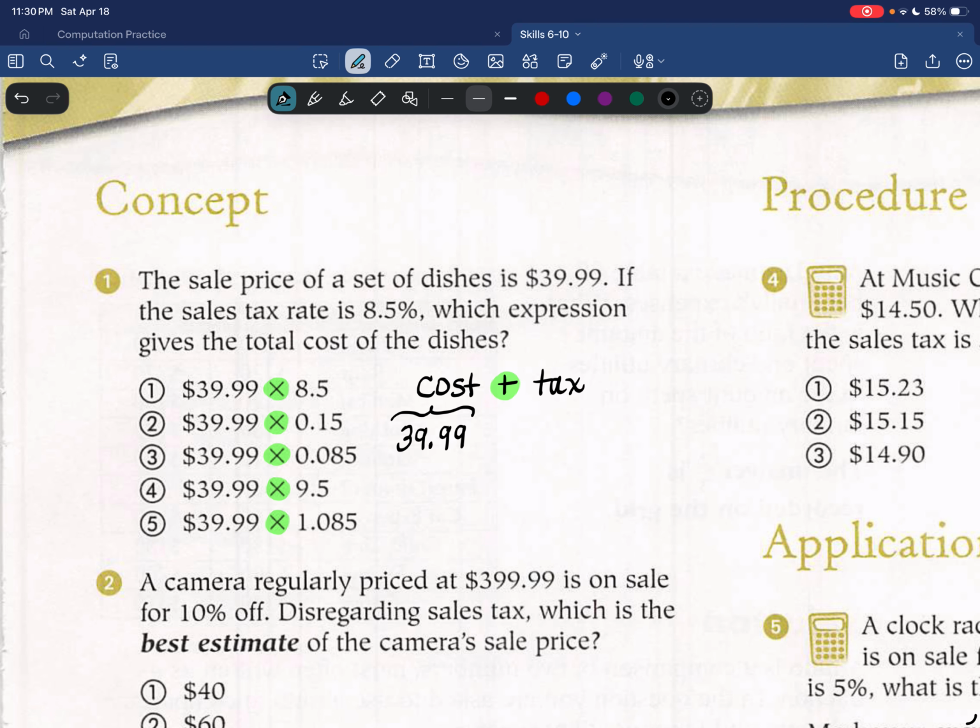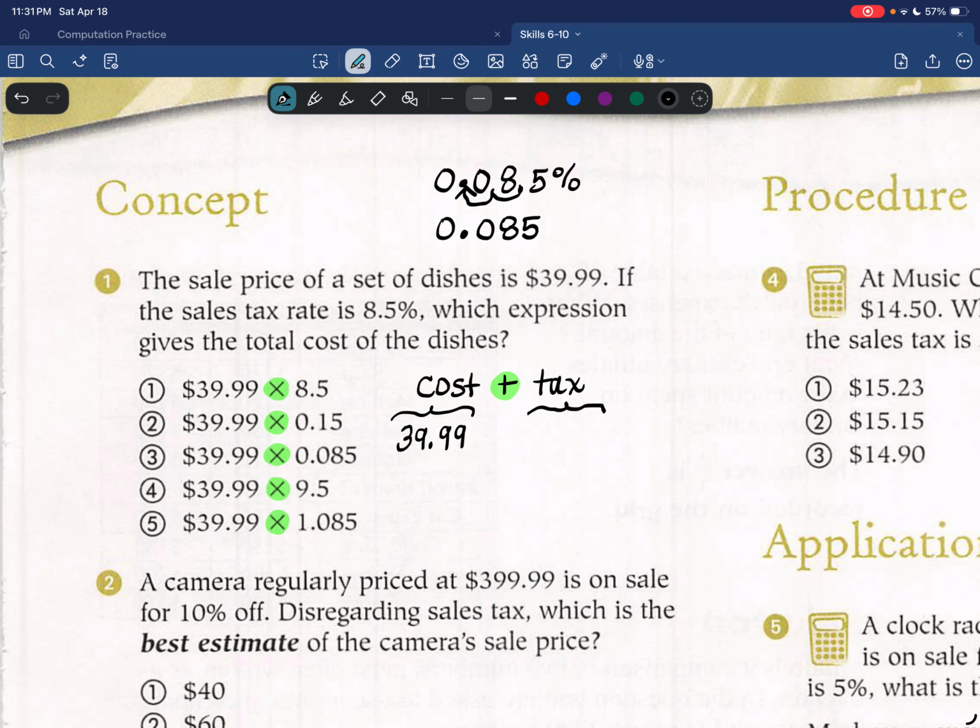And the tax rate, let me come up here. This is a percentage. I want it as a decimal. I want to convert it to dollars and cents. So I will move my decimal 2 places to the left. And that would be the decimal 0.085.